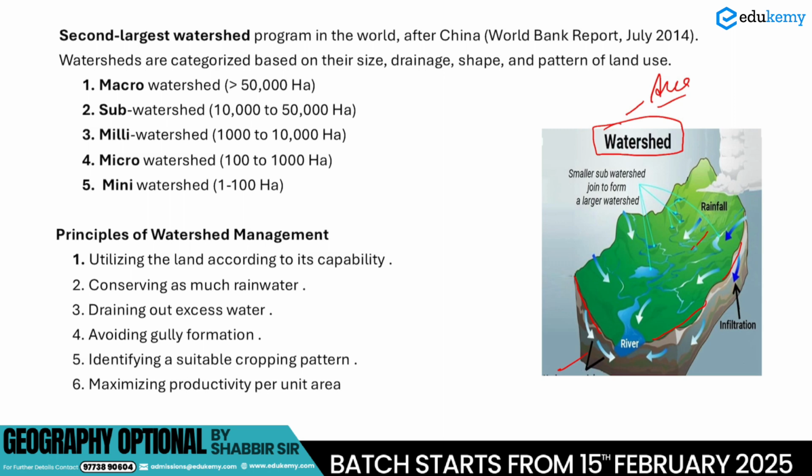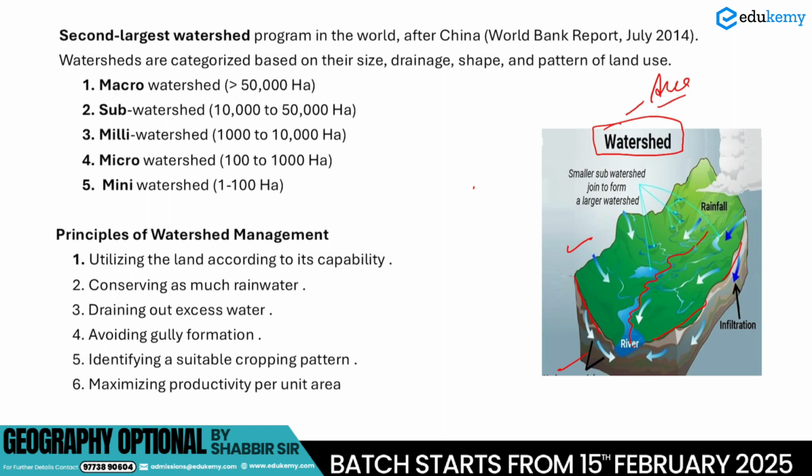Water is collecting here and channeling into a river. This is the watershed. And the management of this entire area is called watershed management, where the watershed is to be managed so that we can restore the ecological system and make use of water in a sustainable manner.